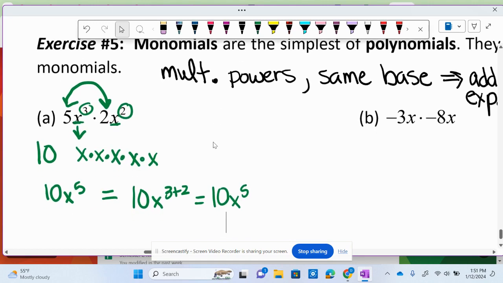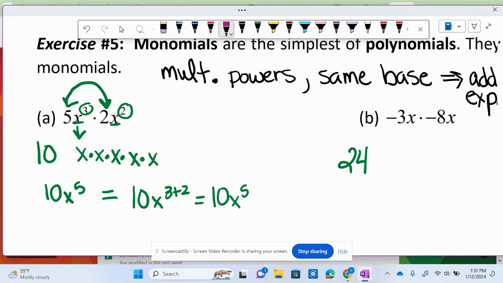So probably when you first learn this in Math 1 or even in pre-algebra, or Math 8, whatever you guys call it, you learn to expand them, right? So if you know how to always expand your exponents, then this won't be that hard. Example B, you have a negative times a negative. Negative 3 times negative 8 is a positive what? 24.